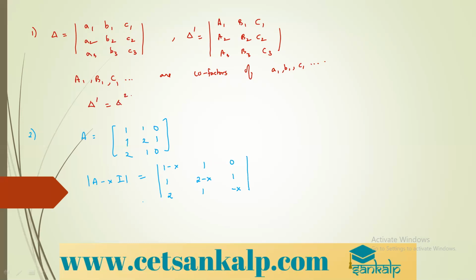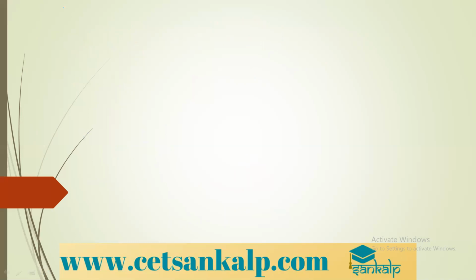Now, when I expand this, 1 minus x is multiplied to minus 2x plus x square minus 1. And then minus 1 is multiplied to minus x minus 2. I'm finding the determinant here, normal determinant rule. So 1 minus x into x square minus 2x minus 1, and minus 1 into minus x plus 2, which I distribute, and I get plus x plus 2.